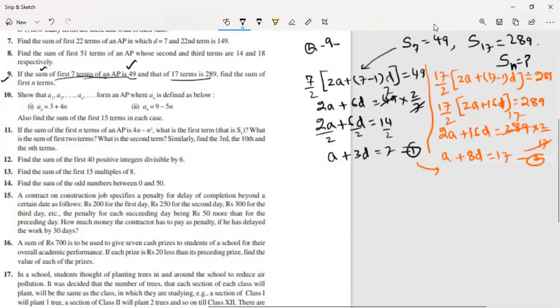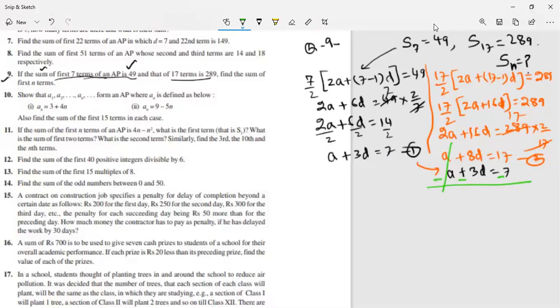A plus 3d is equal to 7. Minus, minus, and minus.